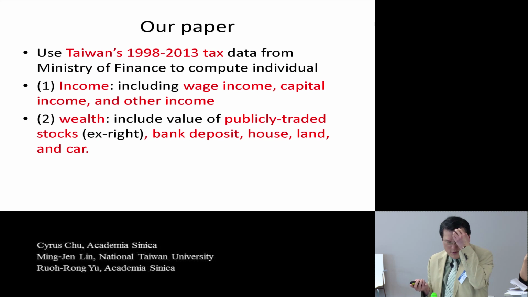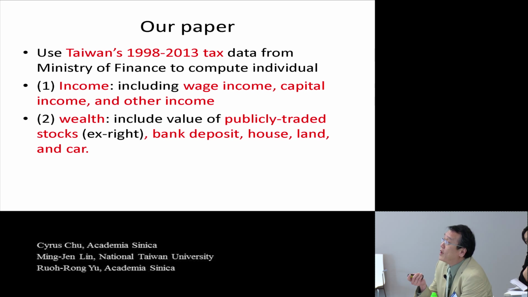Now we have a unique Taiwanese data set. We have even better quality compared with the Chetty data. We have 1998 to 2013 tax filing data of all Taiwanese people. This is about 9 million data points. The income includes wage income, capital income, and other incomes.